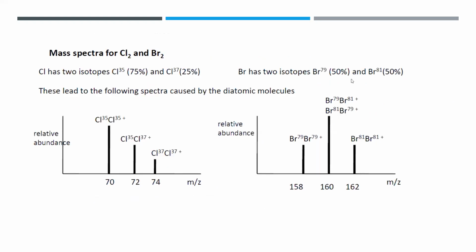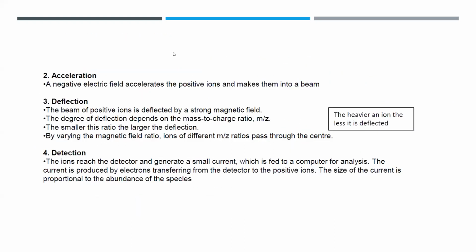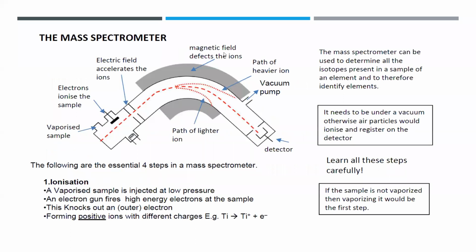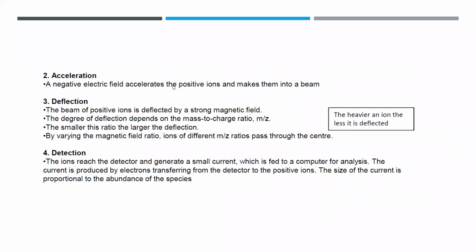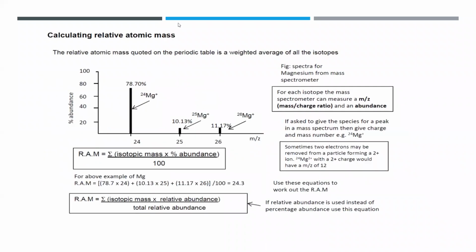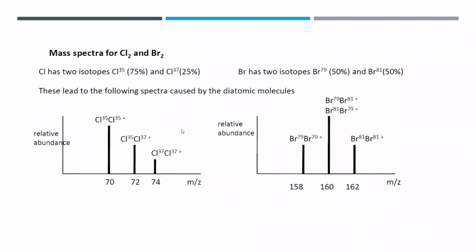Then sometimes you have molecules such as chlorine and bromine. If you have a molecule such as chlorine or bromine, you will get different peaks for the molecule. How do you get different peaks for the molecule?